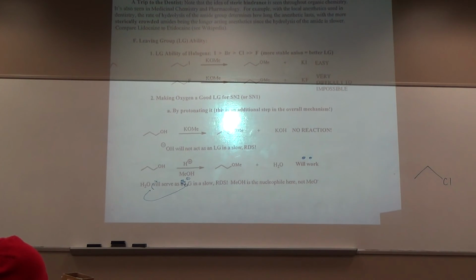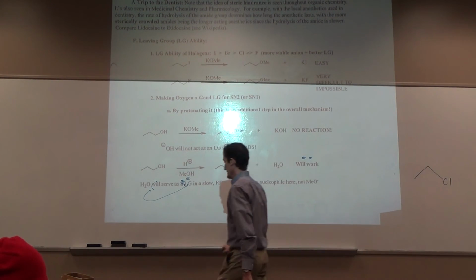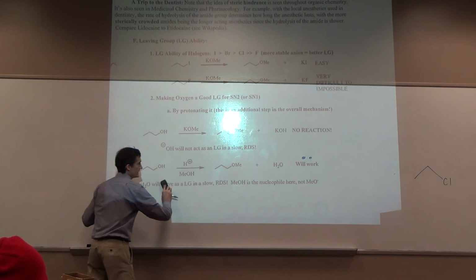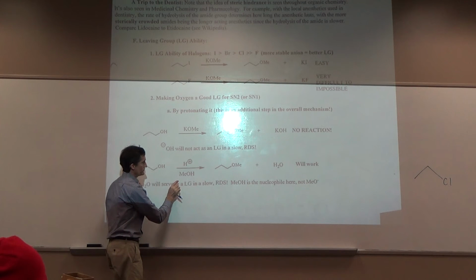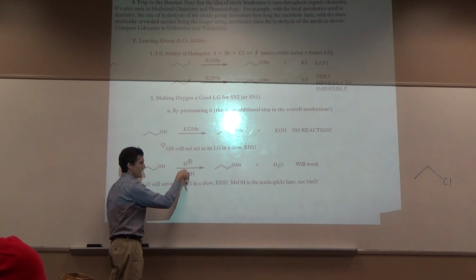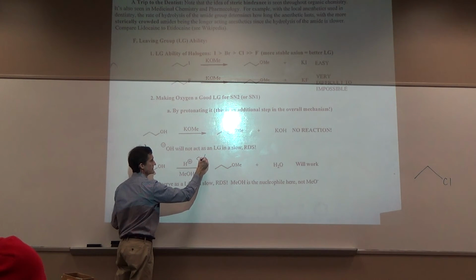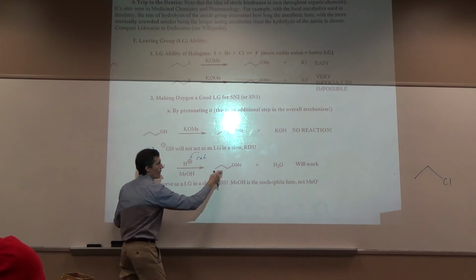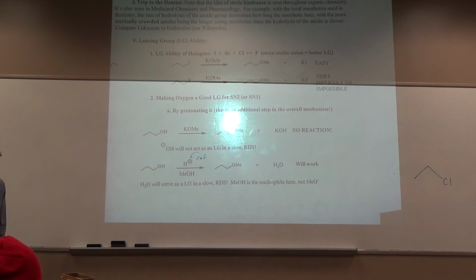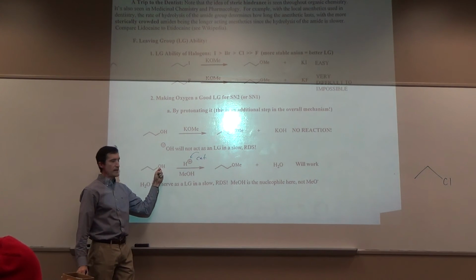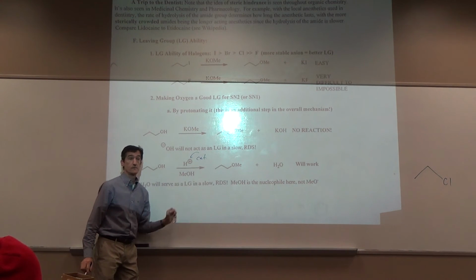Okay, how can we make this reaction work? We can do it. We have to do it a little bit differently though. If you take the alcohol and treat it with methanol and acid catalyst, we can get a product. And in this scenario, the OH has left.